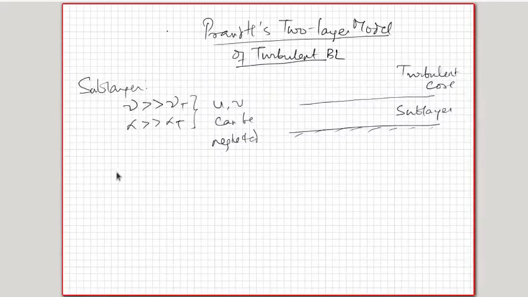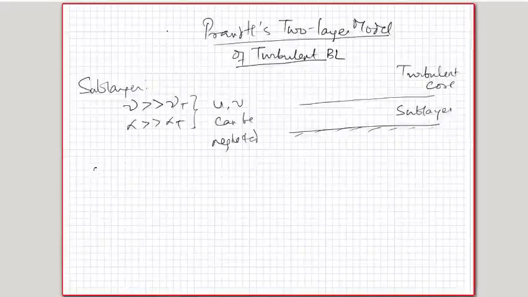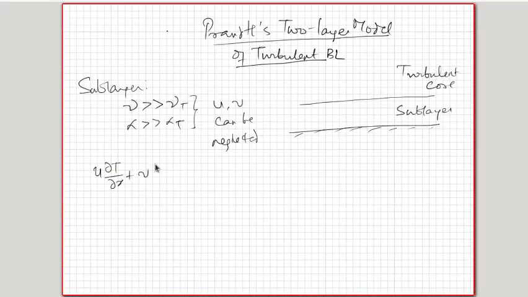If u and v can be neglected, then you get from the boundary layer equation, u del T by del x plus v del T by del y is equal to alpha plus alpha t into del square T by del y square. Now since u and v are both negligible, this becomes equal to 0.